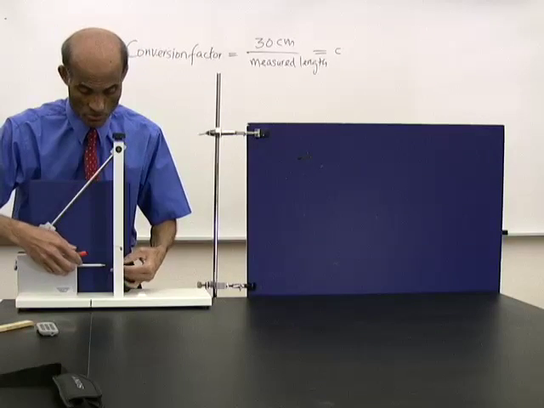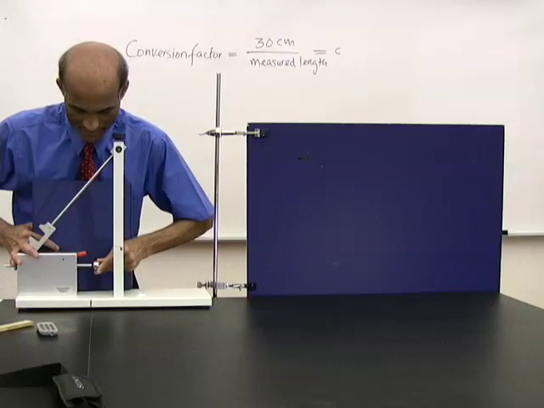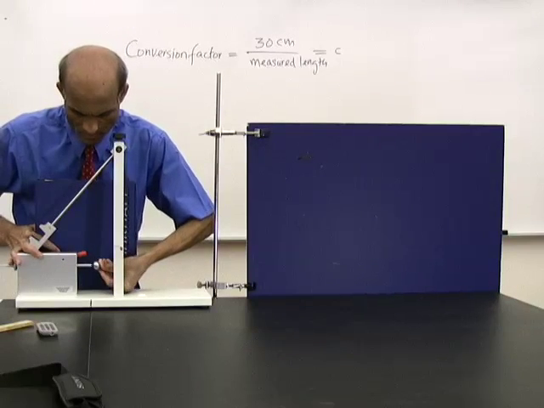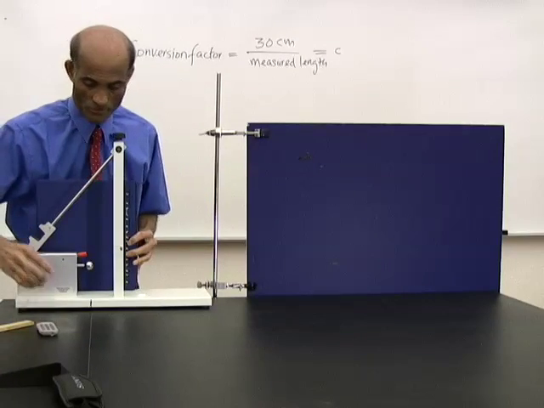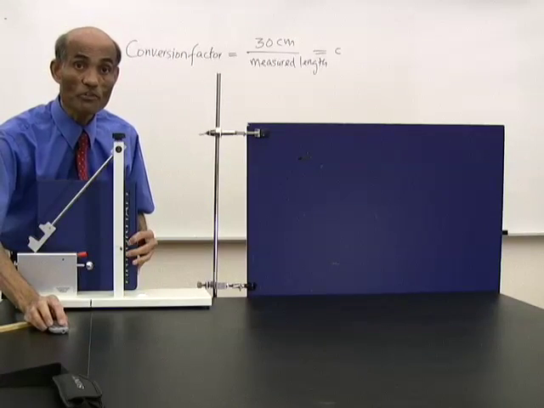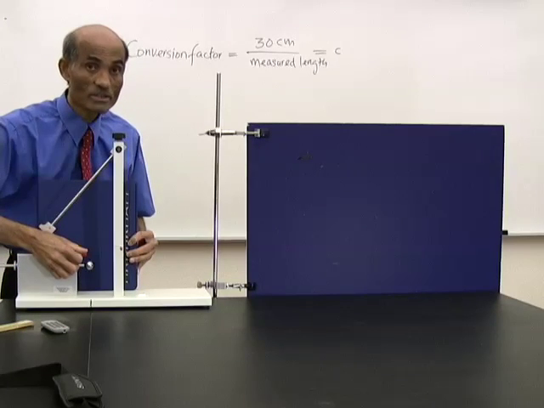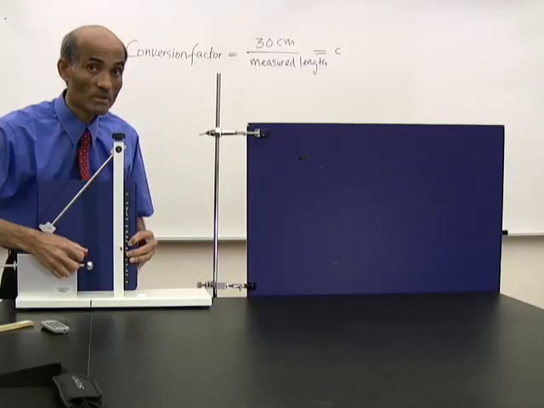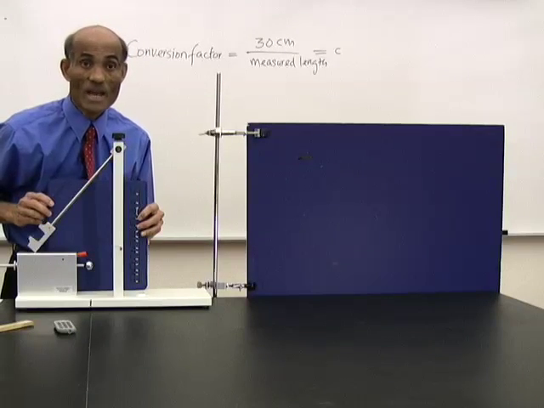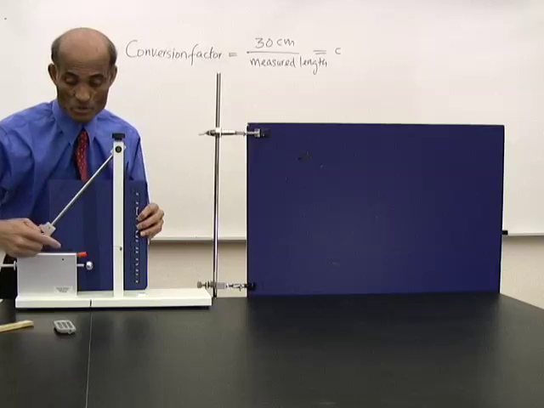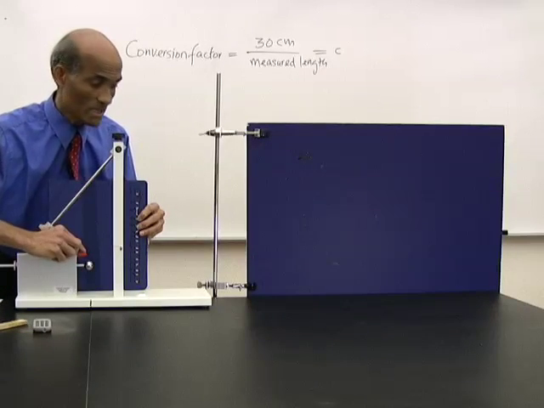Let's do the second trial. Watch carefully the second trial for the first Y0. Let's go. I'm going to fire it. Watch it. Now I'm going to do the third trial for the first Y0. Watch it again.